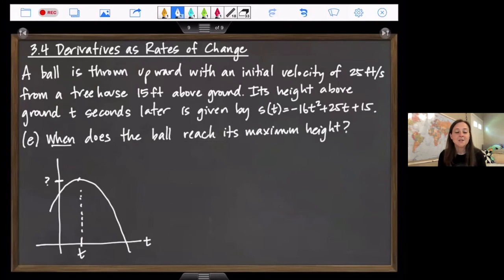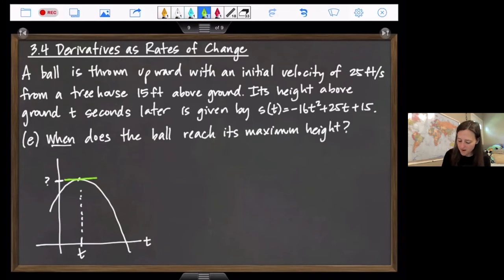The way we're going to do this is kind of tricky, using the velocity function. Remember, the velocity is the derivative of the position function, but let's think more in terms of a tangent line. Think about this trajectory here. Whenever you're at that maximum spot, your tangent line is going to be completely horizontal, right?